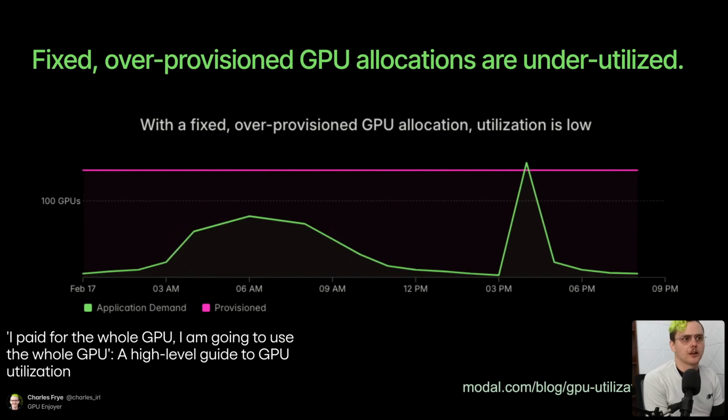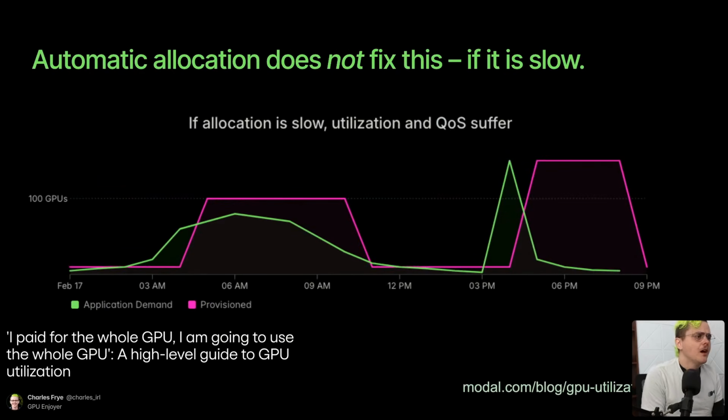Sometimes it can be hard to predict what the peak is going to be within a given day. And so you will often miss it. And then during that time, you're also going to miss out on your SLOs.